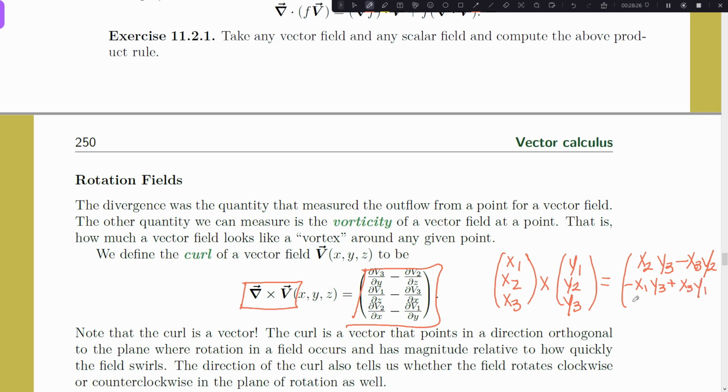And then we have positive x1 y2 minus x2 y1. Okay, so that's the definition of the cross product.